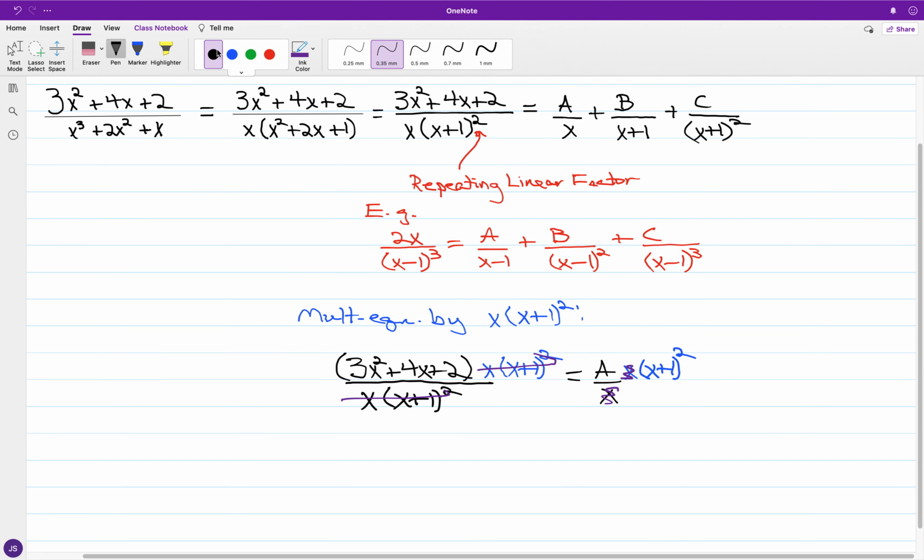And now for B over x plus 1, multiplying again by x and the square of x plus 1, what happens is that you have B over a first order of x plus 1, but left over you'll have B times x times one degree of x plus 1.